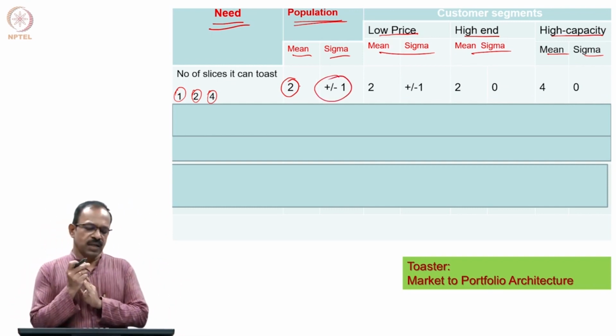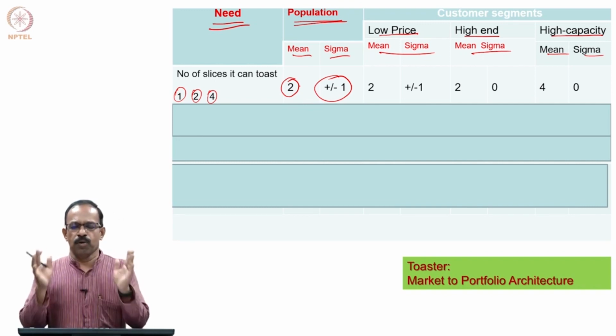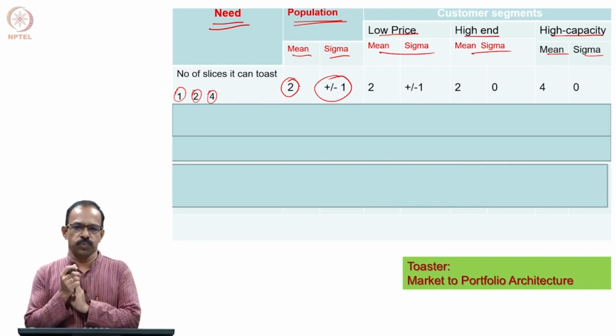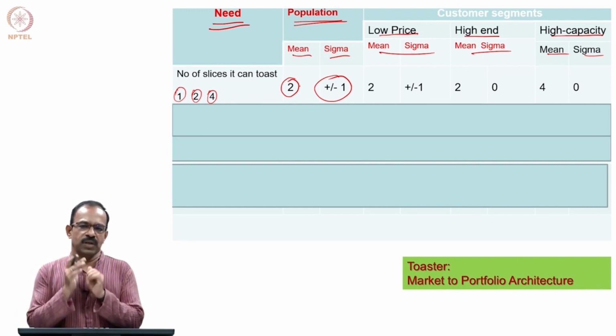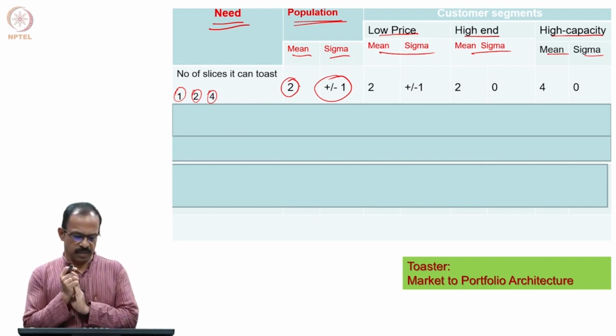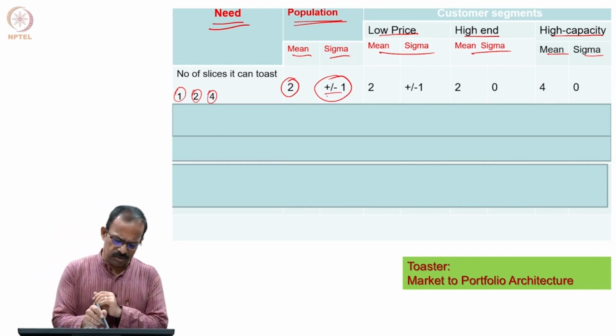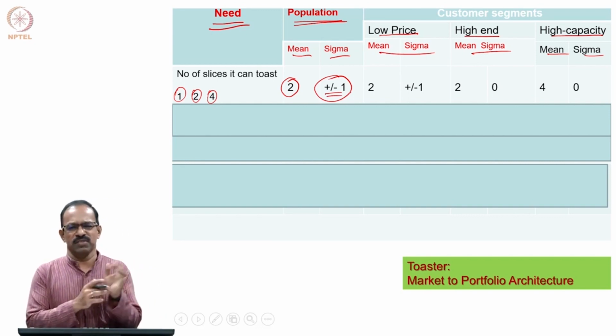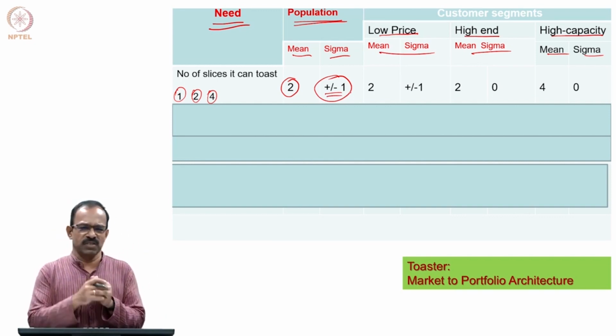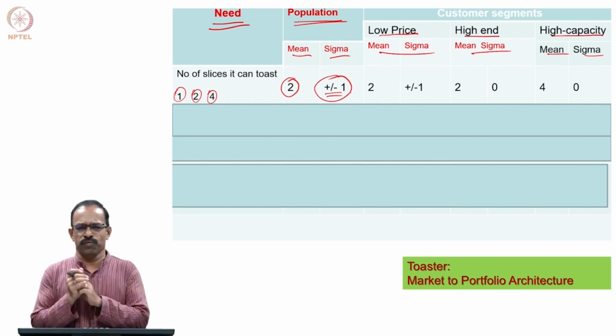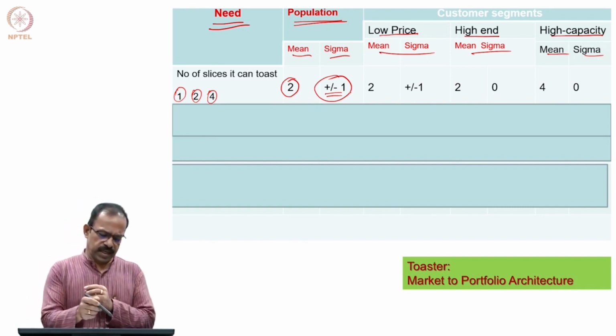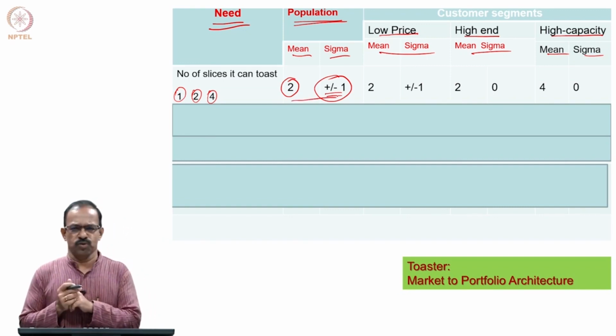Okay. So, generally the whole population is asking for 2 slices. So, there is a large need for 2 slice toasters, and the variation is not that high, but of course it is plus or minus 1. Somebody says 1 is sufficient for me, somebody says no, I would like to have 3 or 4. So, on average you will see that it is 2 plus or minus 1.